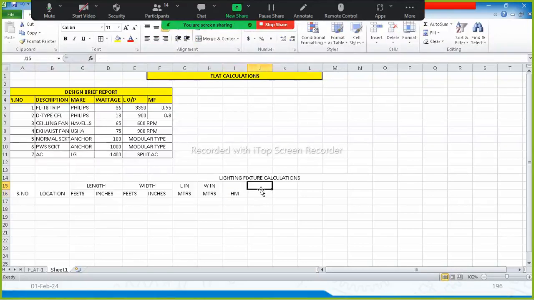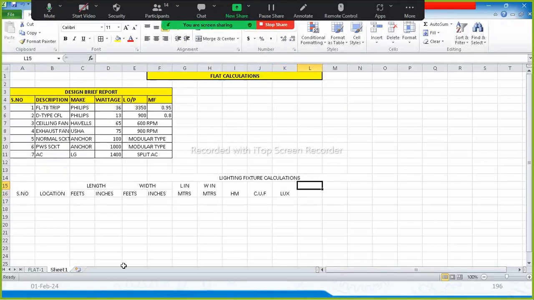Then after that, to calculate the second formula. Based upon the room index, first we need to calculate the CUF value, so I'll write CUF. Next, what is the second formula, guys? The second formula is the number of lighting fixtures. For calculating it we require L into B into lux level, so I'm writing lux.